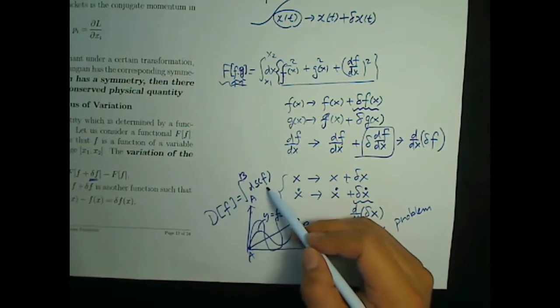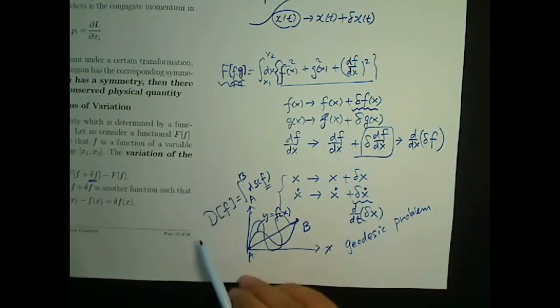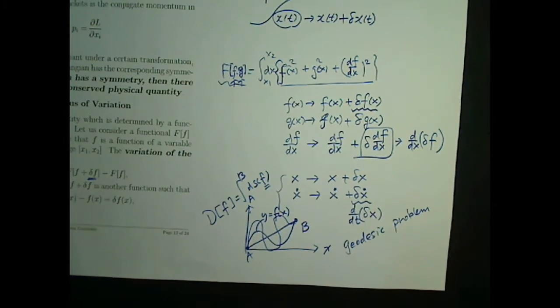So I want to find the form of the function, then minimize this functional. Then exactly the same method that was used for the derivation of the Euler-Lagrange equation applies, because the equation of motion was obtained by minimizing the action, the time integral.